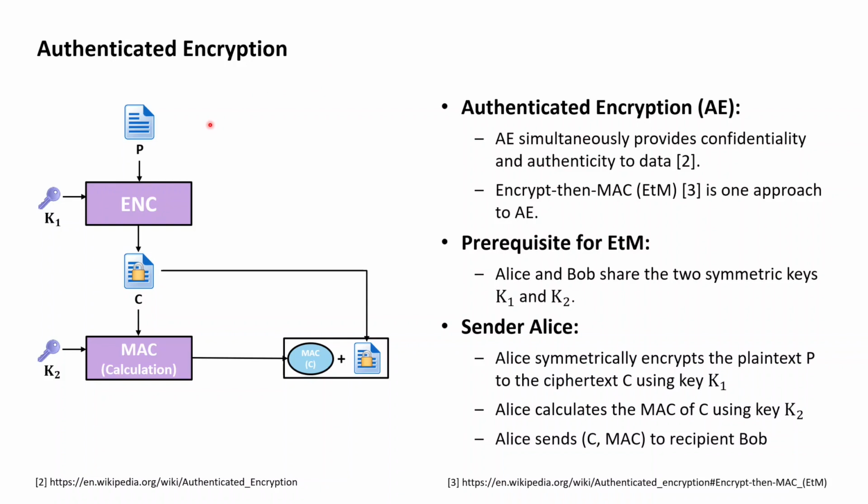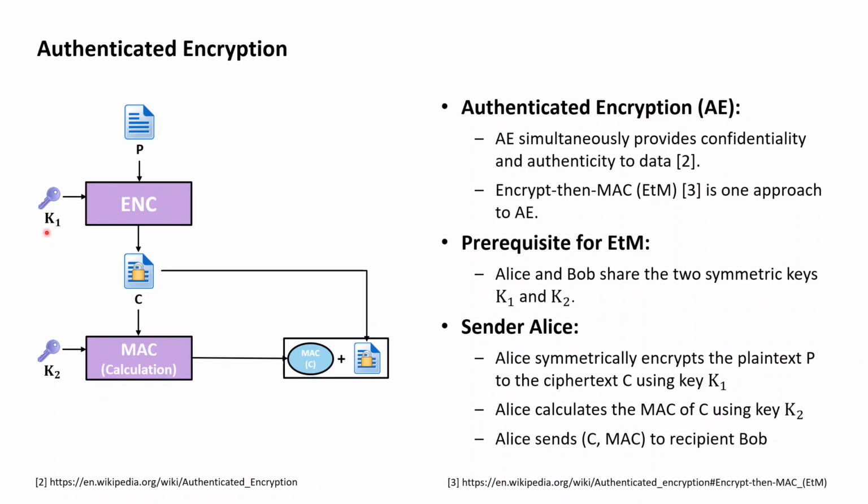This is a system combining primitives providing confidentiality with primitives providing authenticity, and as such, using this Encrypt-then-MAC approach requires as a prerequisite two symmetric keys K1 and K2 to have been agreed on by both Alice, the sender of the data, and Bob, the receiver of the data, to be used for the encryption of the data and the MAC calculation on the data.